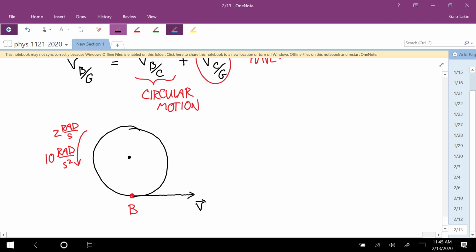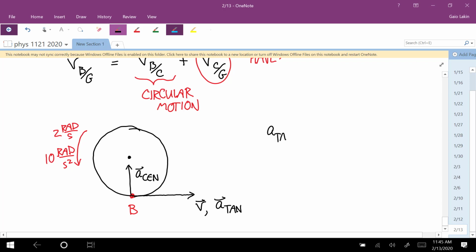Which direction is the tangential acceleration? Same. And the centripetal is toward the center. So we know the directions. Now we can figure out the magnitude.